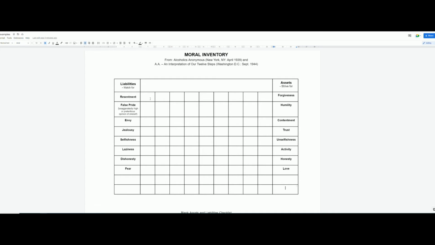I also at the end of this will show you a more 21st century version, which is basically a spreadsheet that highlights in separate tabs the different causes that we suffer from, and we discuss that later.